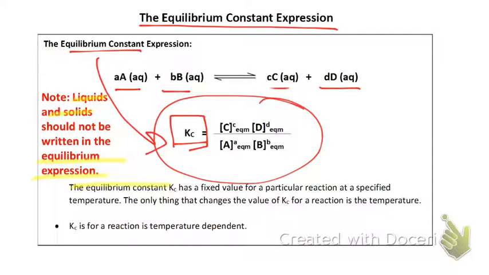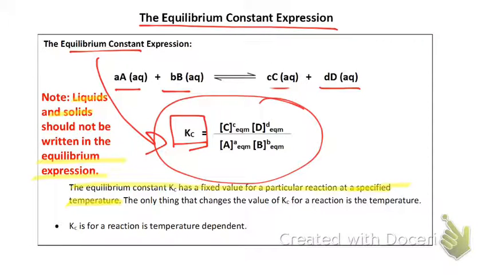All right. Now, a few other points. The equilibrium constant, Kc, has a fixed value for a particular reaction at a specific temperature. And I want to really emphasize this specific temperature. It means that Kc is dependent on the temperature. If the temperature changes, so does the value of Kc for that reaction.